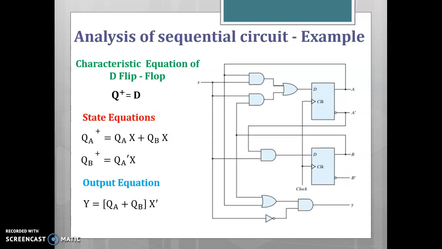Next, writing the output equation. The output Y is the output of this AND gate. Here the output of the OR gate is QA or QB, which is ANDed with X bar. So Y is (QA or QB) and X bar.